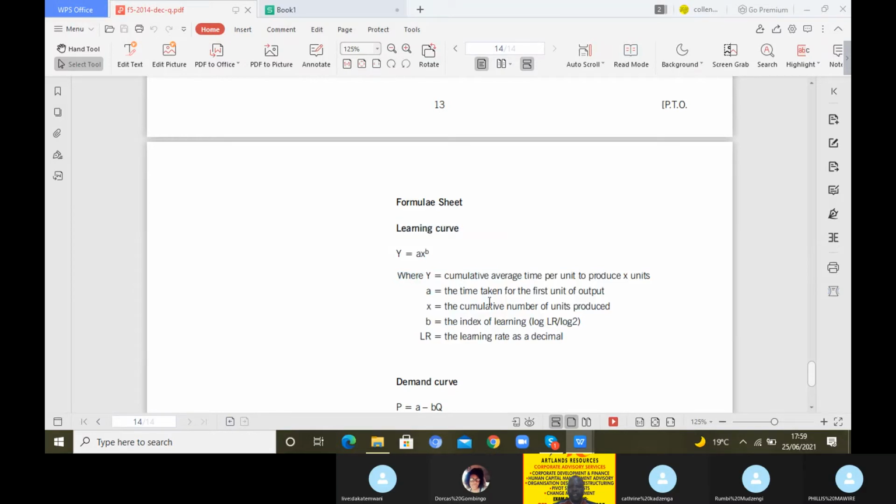So you can see here how it goes. It says Y equals AX to the power B. Allow me to copy that.